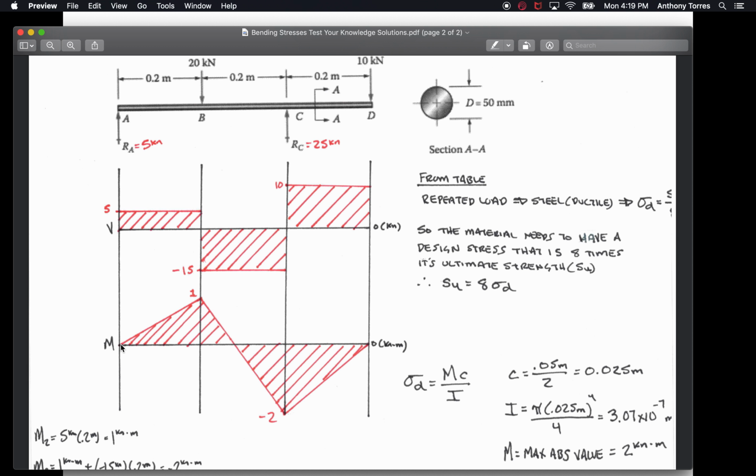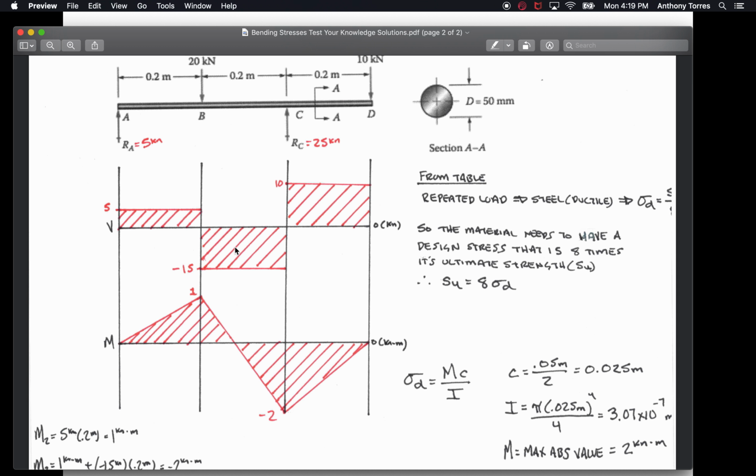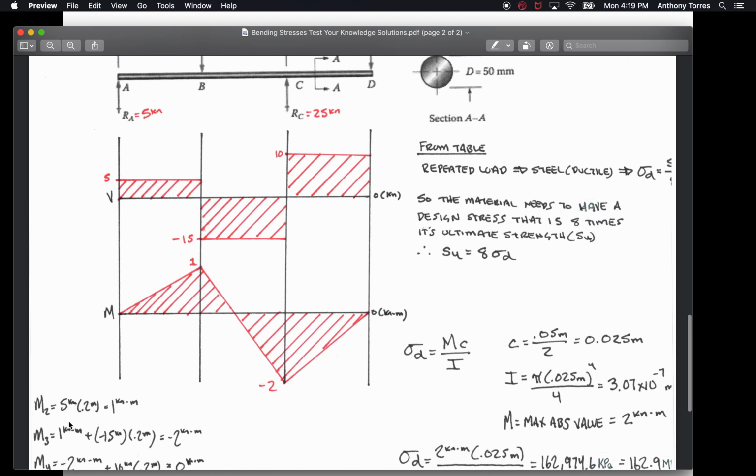Here I know that it needs to be a downward slope line because it's a negative square here. Well, to what magnitude? I do the math down here. I was previously at 1 kilonewton meter plus negative 15 kilonewtons times 0.2 meters, which I got from the distance here. That gives me negative 2 kilonewton meters. So it's a downward slope line to negative 2.